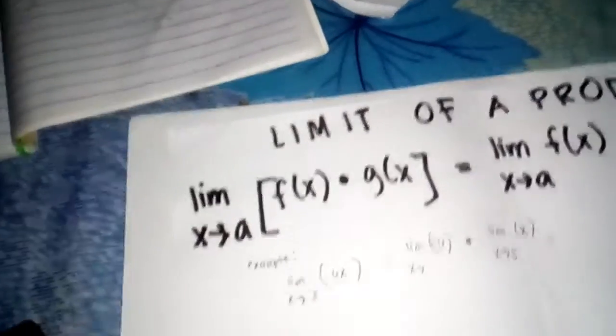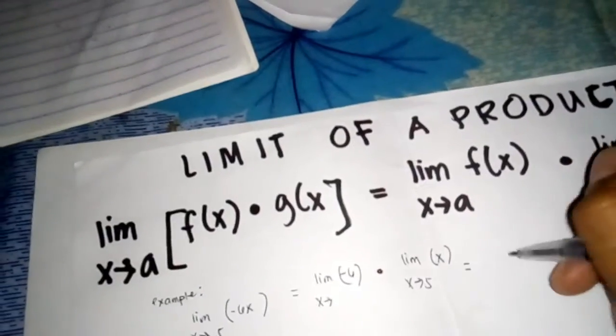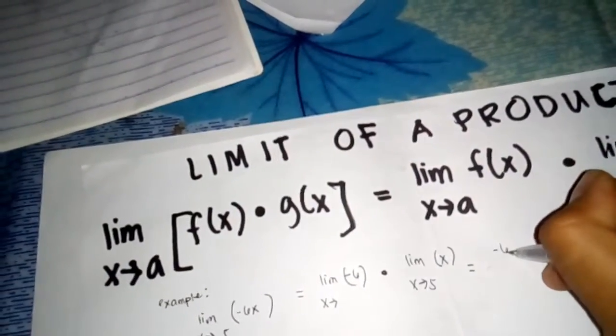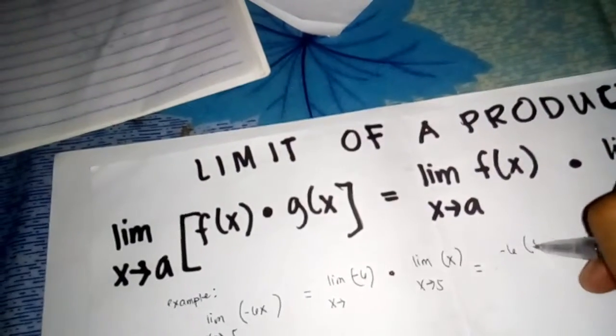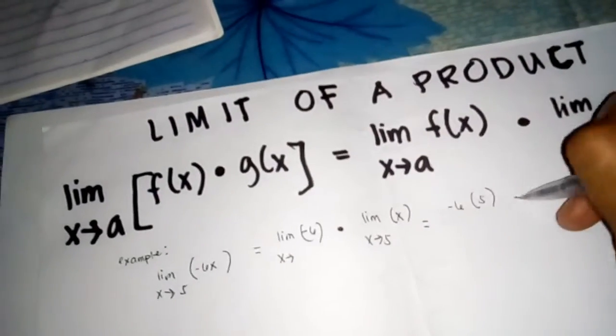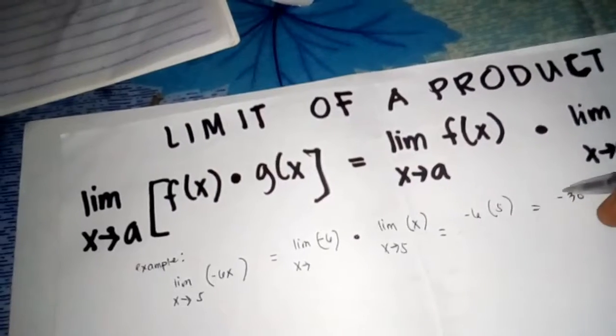So that equals negative 6 times 5, which is equal to negative 30.